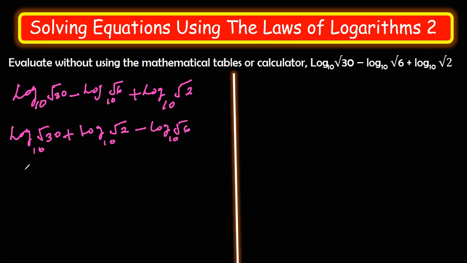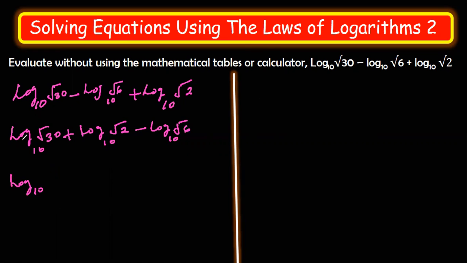So let's just pick one of the logs since we have a common base. So log base 10 now, and let's put everything in brackets. I'm using big brackets here. I don't know how to write curly brackets, so let me try it.